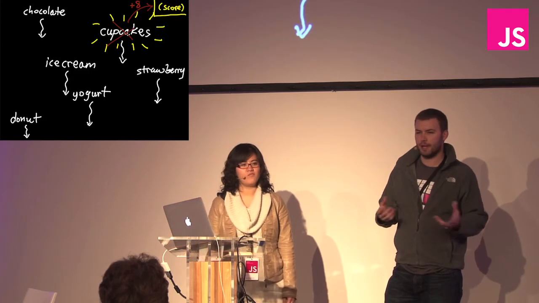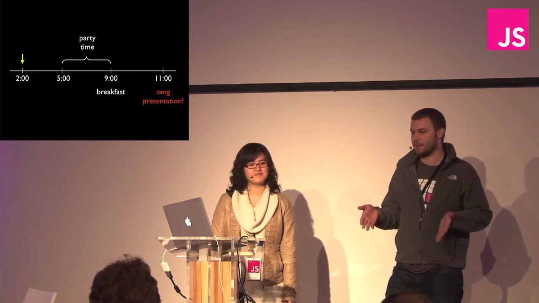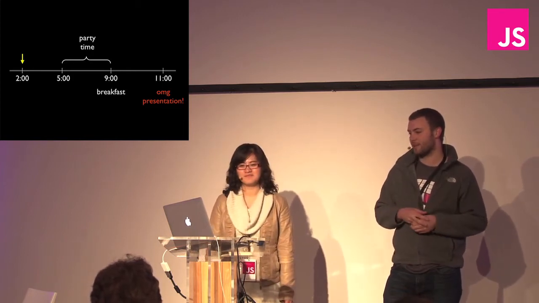It was about 2 a.m. last night, and we were totally freaking out because we needed to get this all done before tomorrow. There was only one way we could possibly get it done in time, because we needed to meet Malte at the super awesome Raver Club at 5 in the morning. So it's game time: we have 2 a.m. until 5 a.m. to get this done, and then all this super partying at the club until 9 in the morning, and then breakfast.